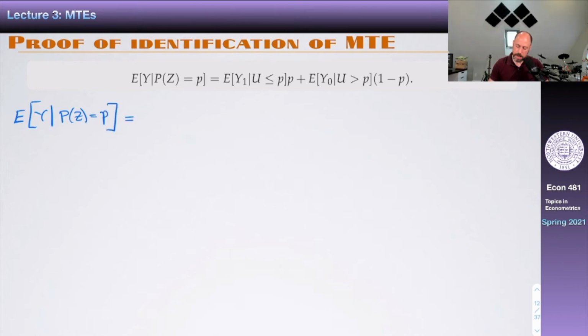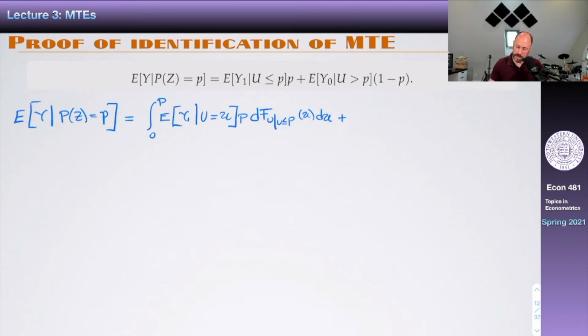It's just the integral from 0 to p of the expected value of Y1 conditional on U being equal to little u, times p, times the distribution of this U conditional on U less than or equal to p, du.